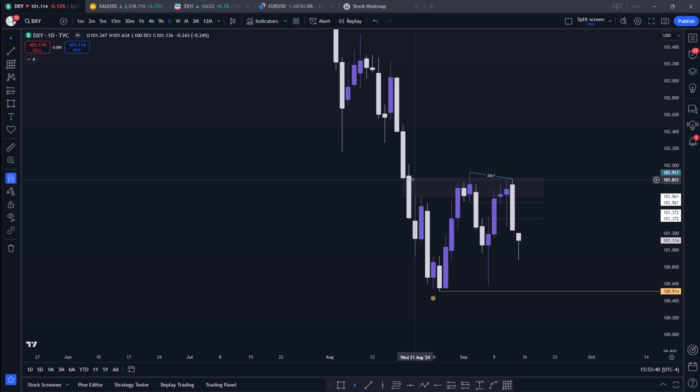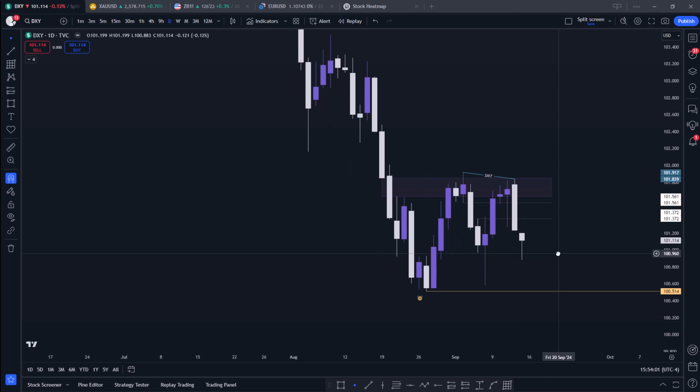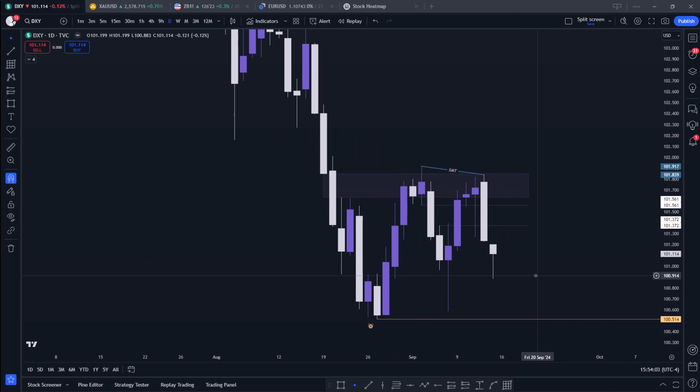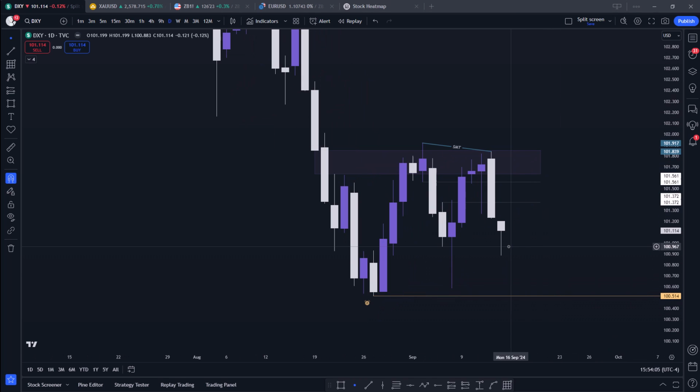So we have a CB here residing in the discount portion of the range, which tapped into, displaced lower, then failed to take the high, but now we have finally displaced again through it. The reason I find this very critical is because when we tapped into the CB over there, we created a second fair value gap.